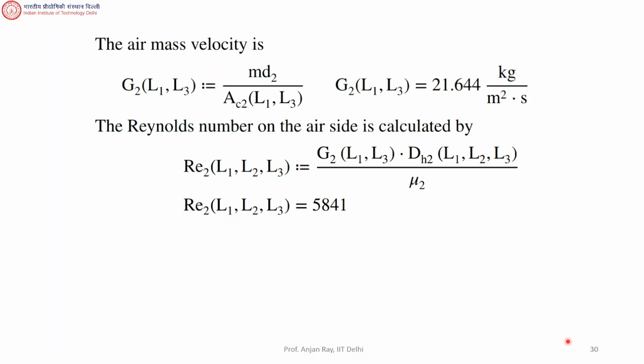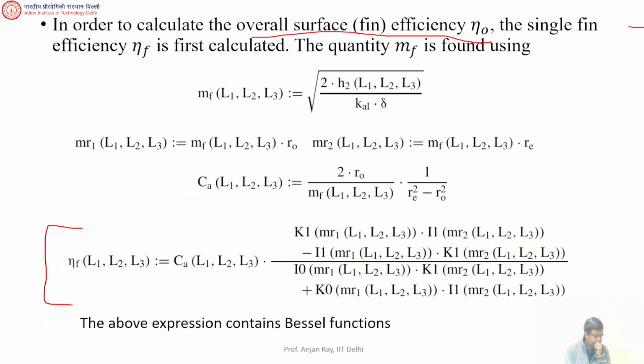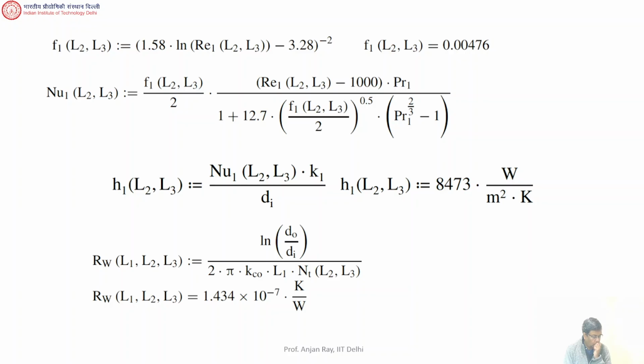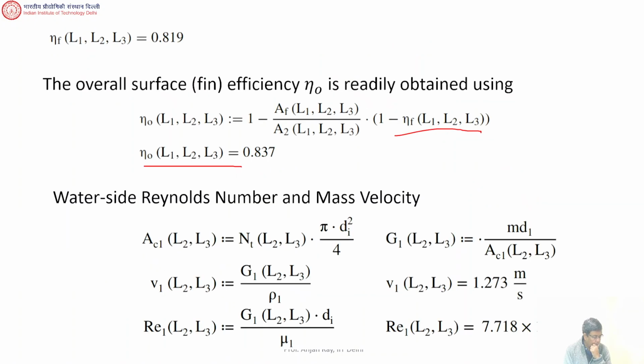We saw another Reynolds number. So that is 5841. Which was this Reynolds number? This was the Reynolds number on the air side. So the tube Reynolds number is much higher.